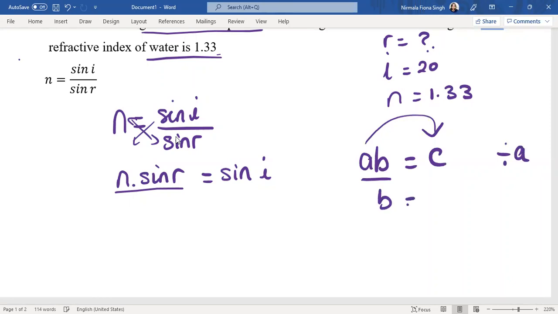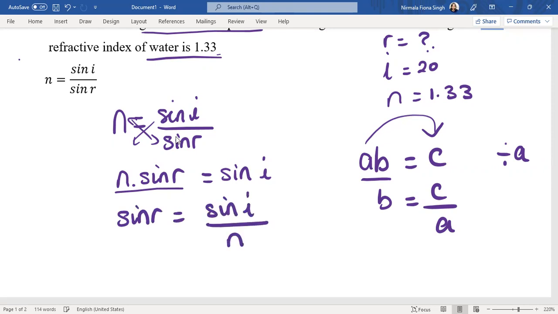So it's going to be B is equal to C over A, because you have to remember multiplication and division are the reverse of each other. So you're going to have sine of R is equal to the sine of I divided by N.